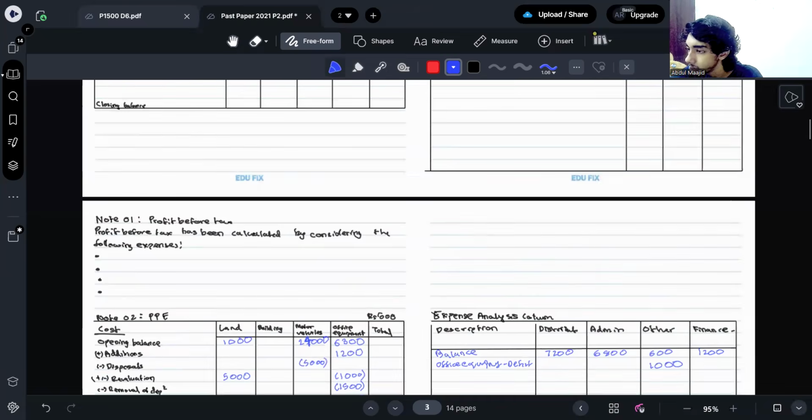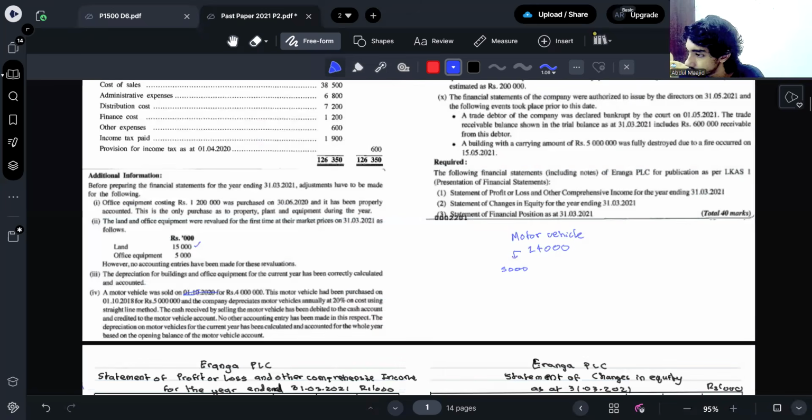And we will have a remaining motor vehicle of 19 million. Now, motor vehicles are depreciated at 20% on cost. So this 19 million worth motor vehicle will be there for the entire year. So into 20 over 100, that will be 3,800.